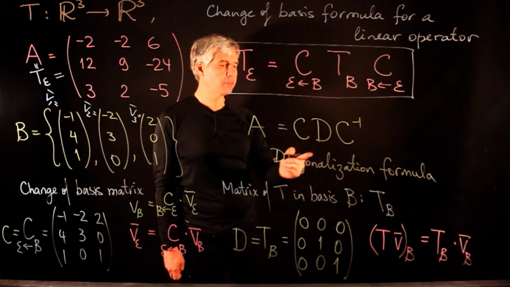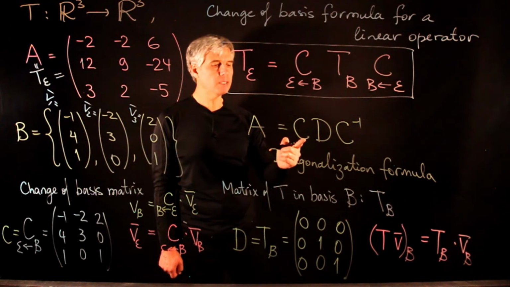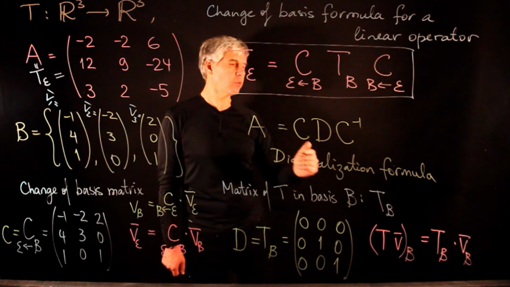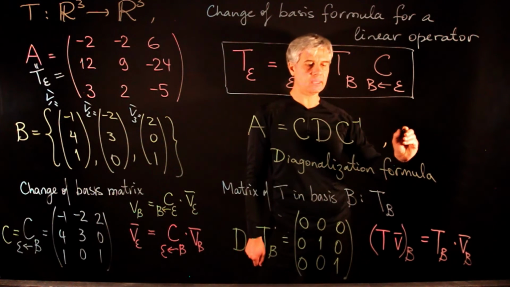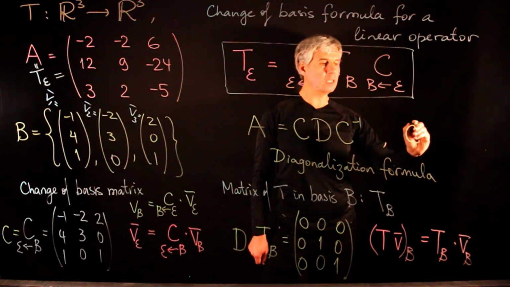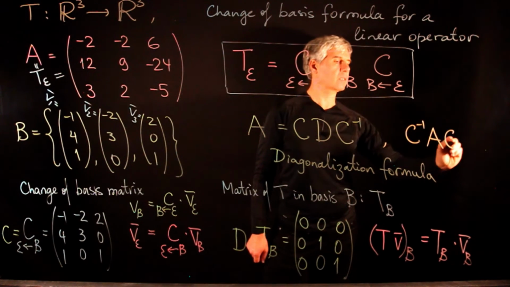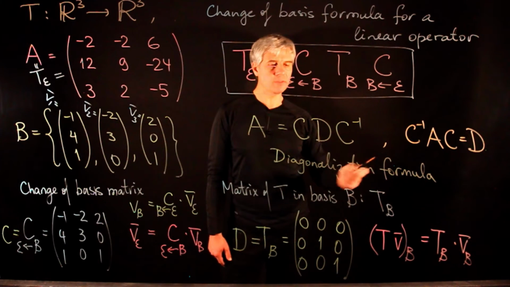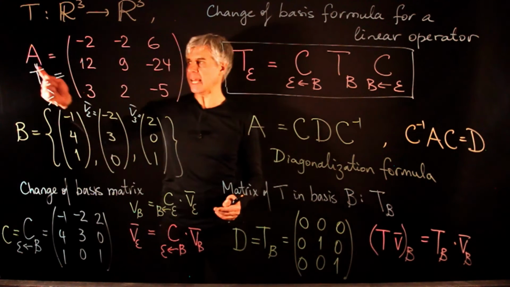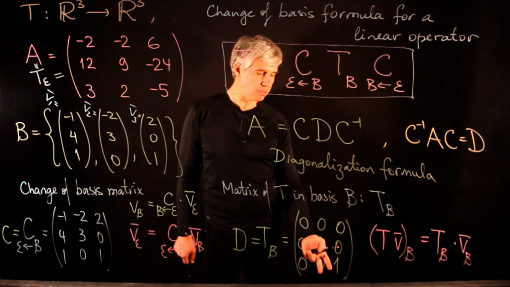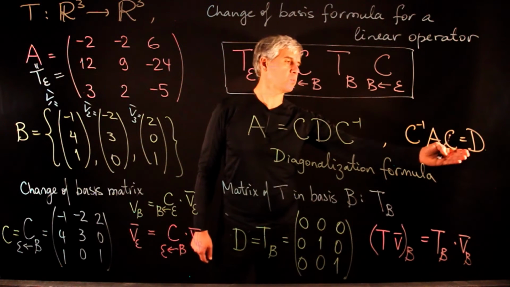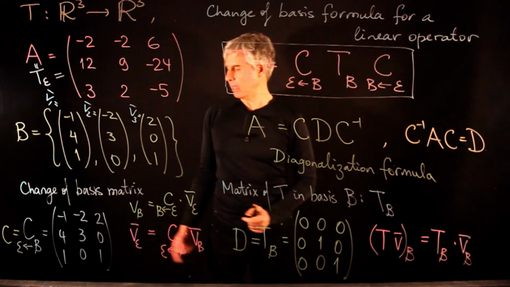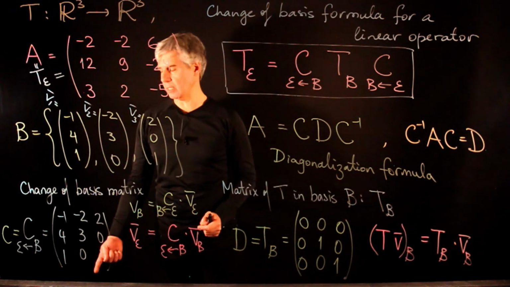Another way of writing the diagonalization formula: if we multiply this formula by C inverse on the left and by C on the right, then we get that C inverse A C is equal to D. So this formula can be read in two different ways. We can express A in terms of the diagonal matrix D, or we can express this diagonal matrix D in terms of matrix A and the change of basis matrix C.